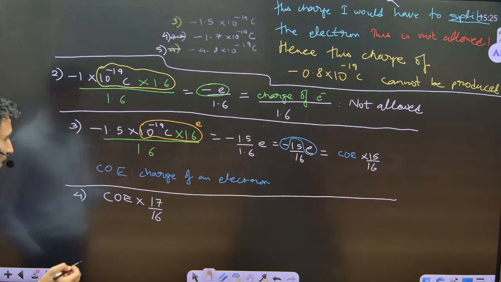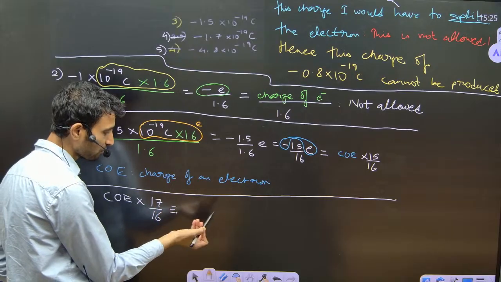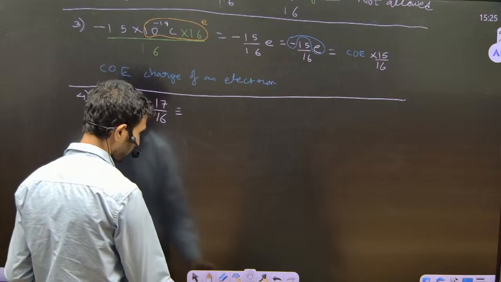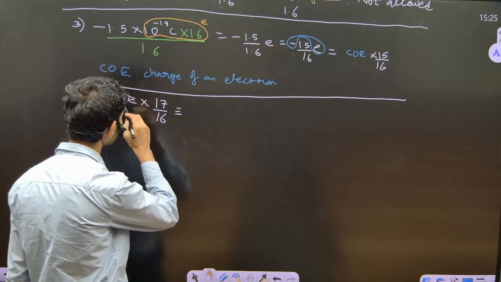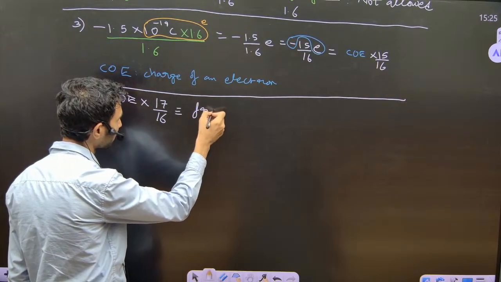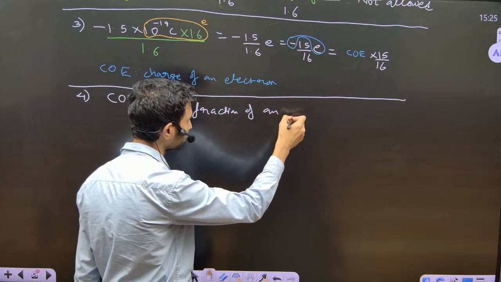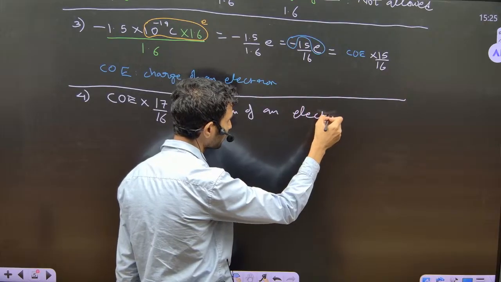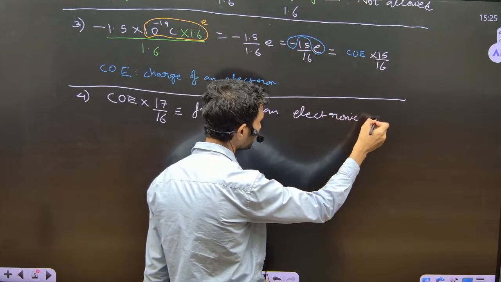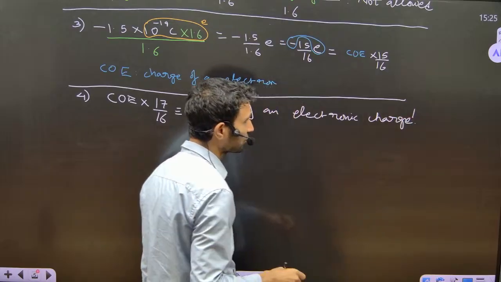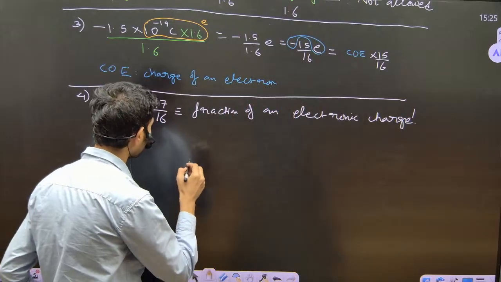Right? And this is again a fraction. Again, something we don't want, right? We don't want a fraction, and that's precisely what it is coming out to be. This is a fraction of an electronic charge, which is not allowed.